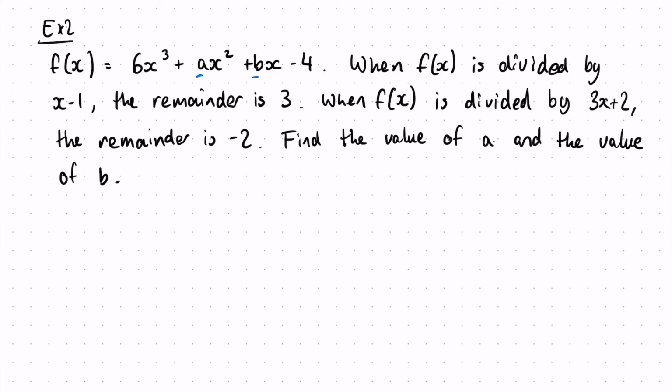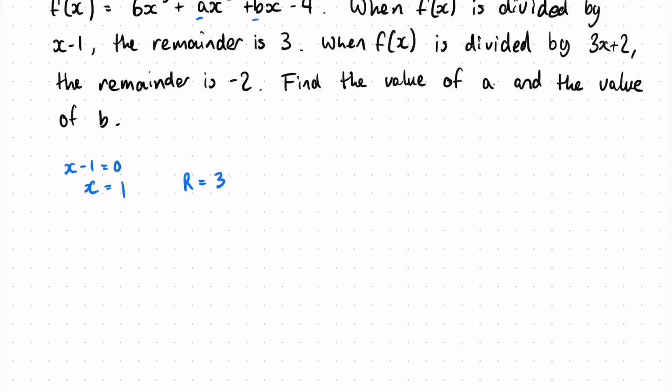So when x minus 1 is equal to 0, x equals 1, we get a remainder 3. So let's substitute x equals 1 into that function.